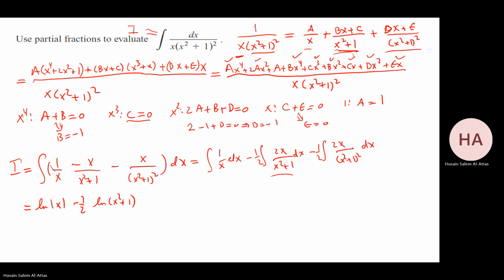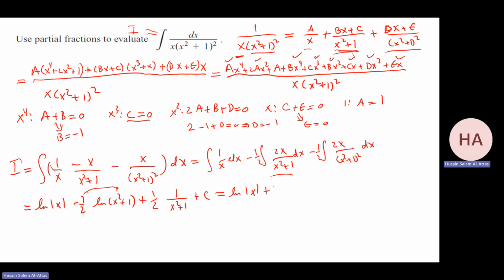Okay. And then this is 1 over u squared, which means plus 1 over 2, 1 over x squared plus 1, plus c. I can rewrite this, the first two, the absolute value of x, plus, I take the minus half as the power.